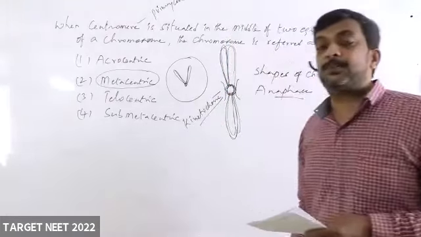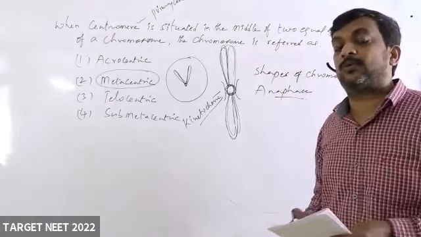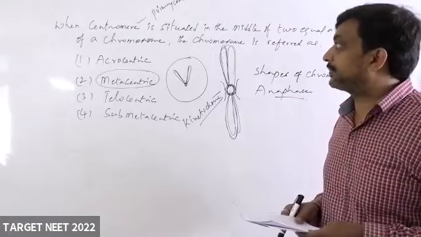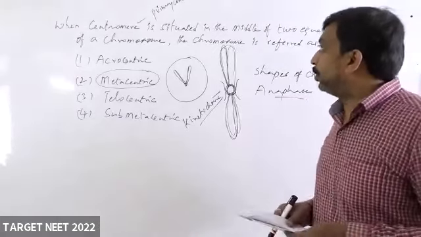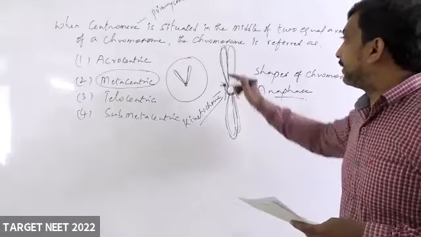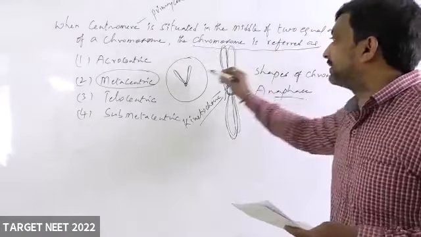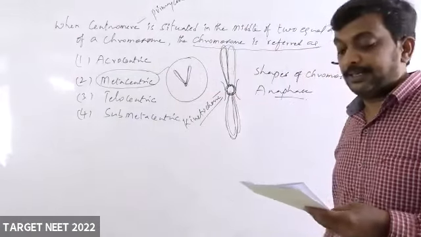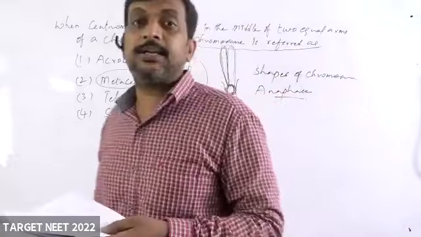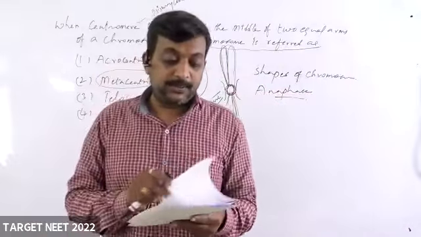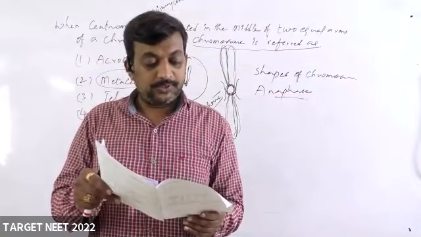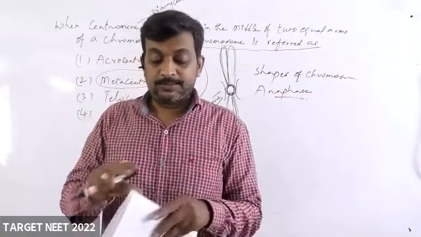So the disc-shaped protein around the centromere is the kinetochore. Right? So with respect to the question, when the centromere is situated in the middle of the two equal arms of the chromosome, it is referred to as metacentric. Right? Now we'll move to another question with respect to the cell cycle or cell division. Right?